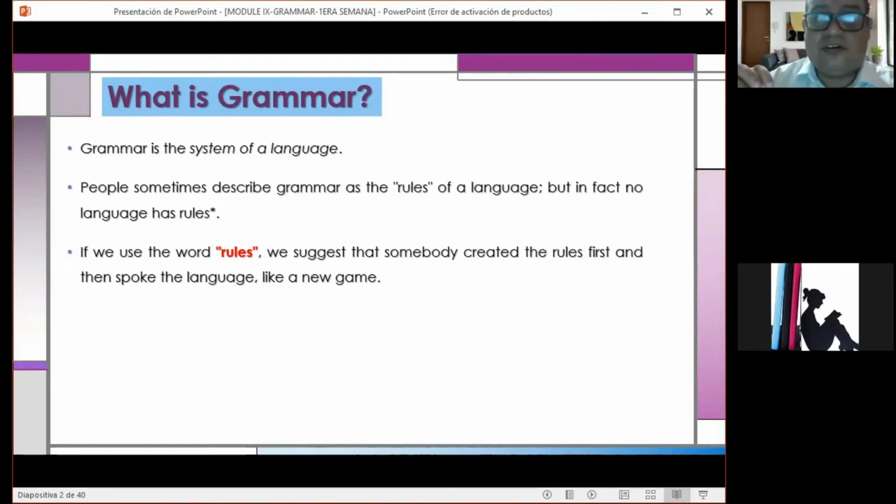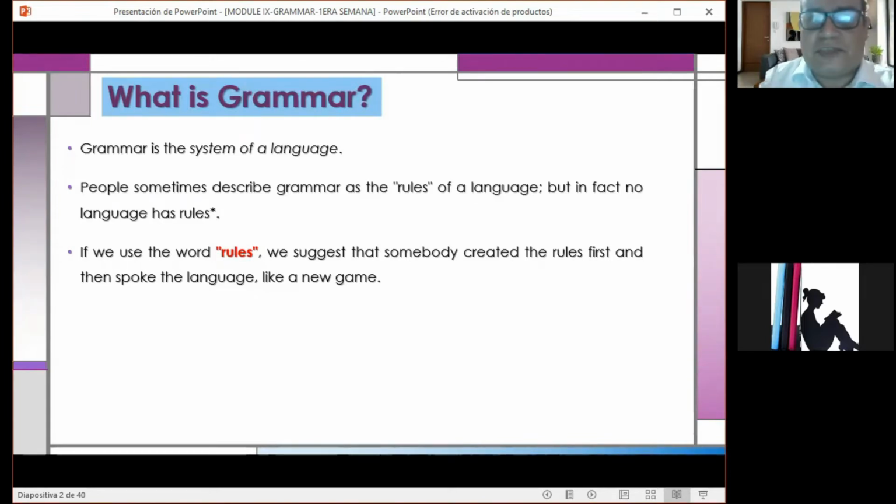But as you know, language appeared, if we could say, with no rules, right? Because people started talking. First, some countries or some people started writing and then speaking, or vice versa, no? Speaking and then writing.